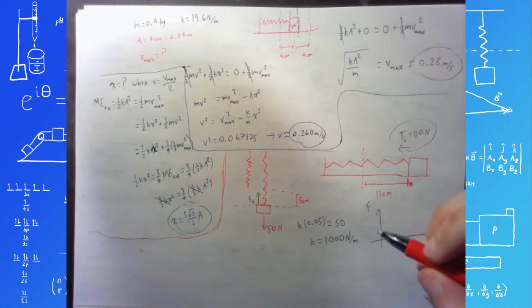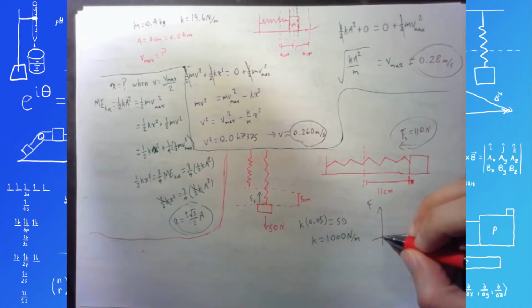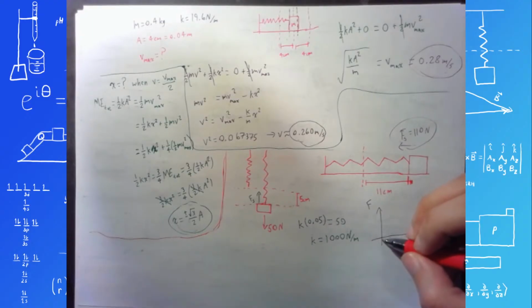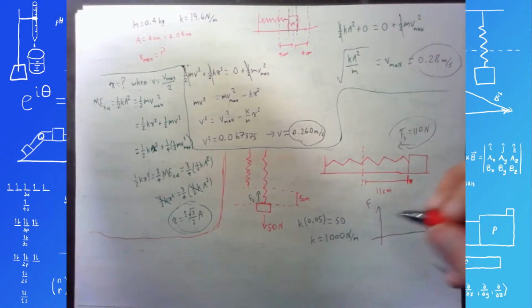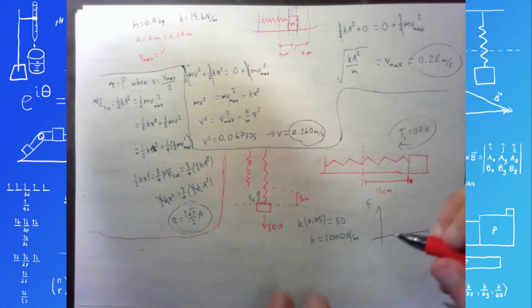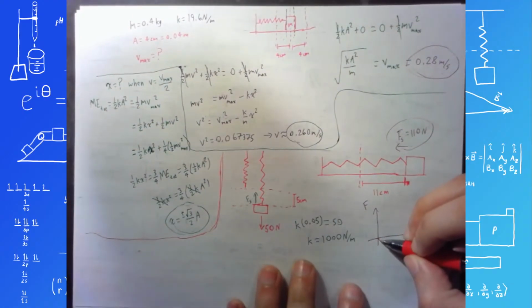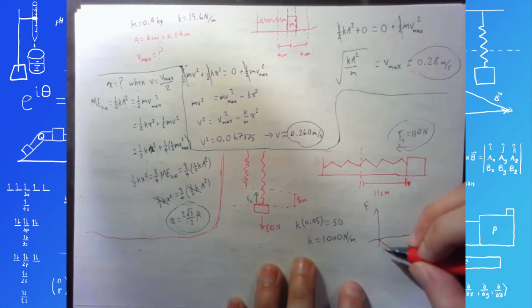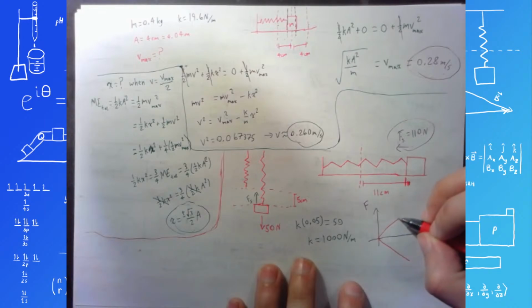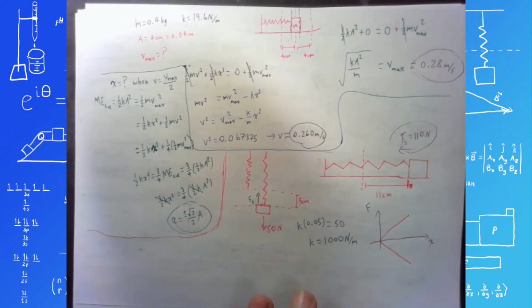And I guess if you start at position 0, the force would be 0. And it'll go up or down from there depending on whether you would interpret this force as being a negative or a positive. But either way, either this or this, pick one.